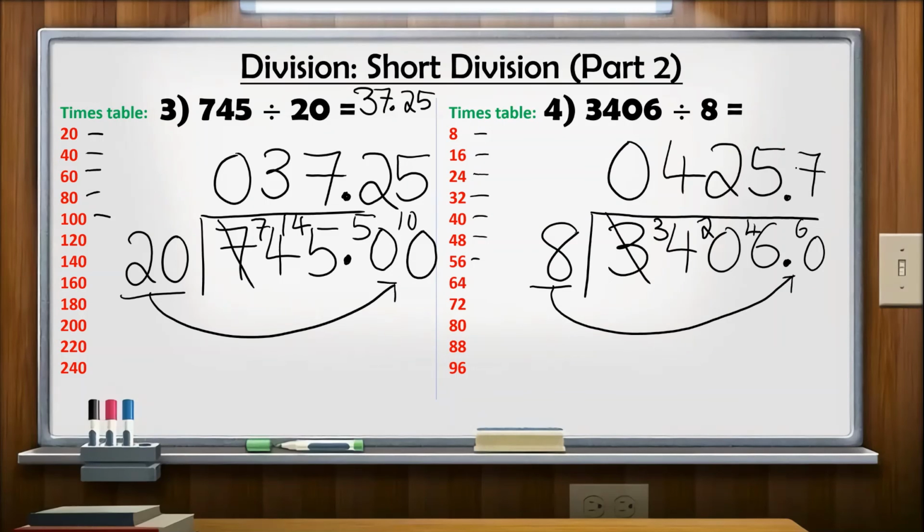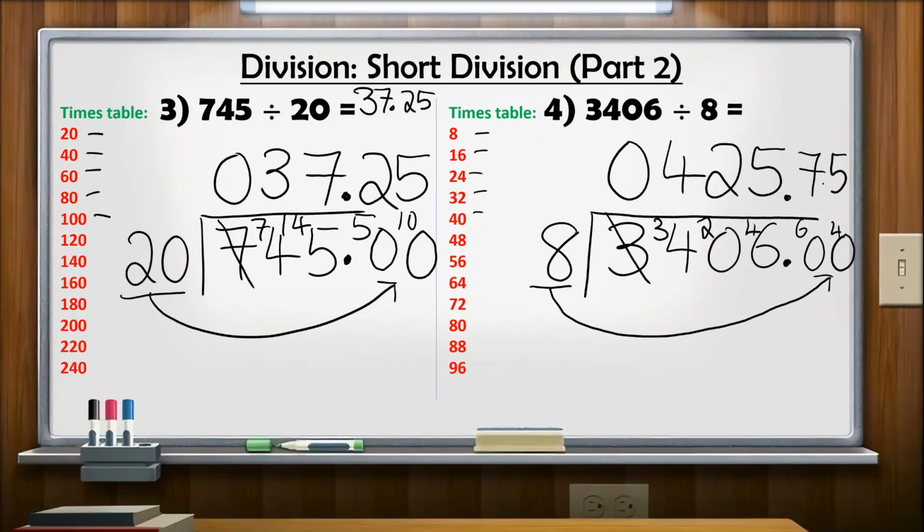And I have a remainder of 4. Again, my remainder will be accompanied by a placeholder. So my remainder of 4 now becomes 40. So I'm going to ask myself, how many 8s can I take out of 40? And using my times table, you can see that it is 5.